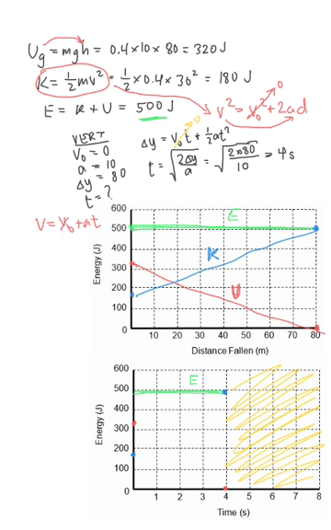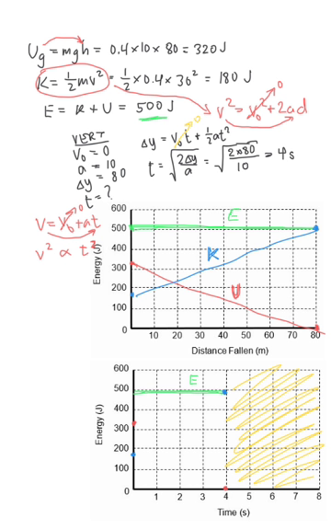So in the vertical direction, with the initial velocity of 0, v is proportional to t, which means if I square this, v squared is proportional to t squared. That little fish symbol means proportional. So K, being proportional to v squared, is now proportional to t squared. So that's going to be a curved graph.